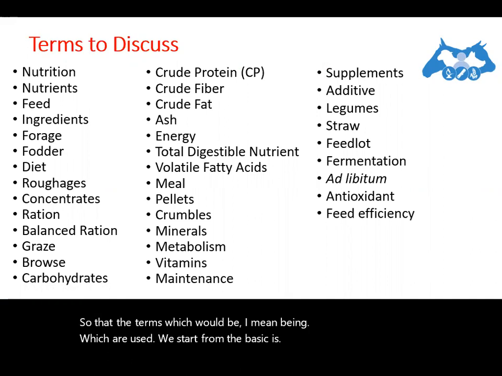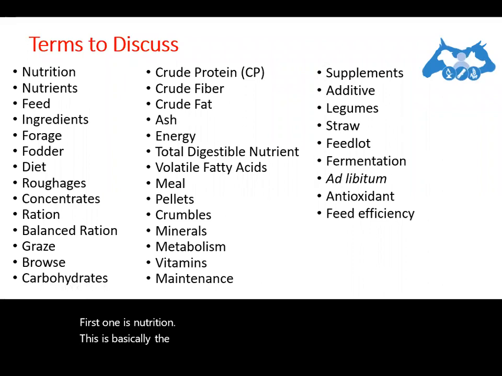The first one is nutrition. This is basically the science of the use of feed. It includes all the processes by which an animal ingests, digests, absorbs, and uses the nutrients in feed for maintenance, growth, work, and reproduction. So here are the different functions of feed.